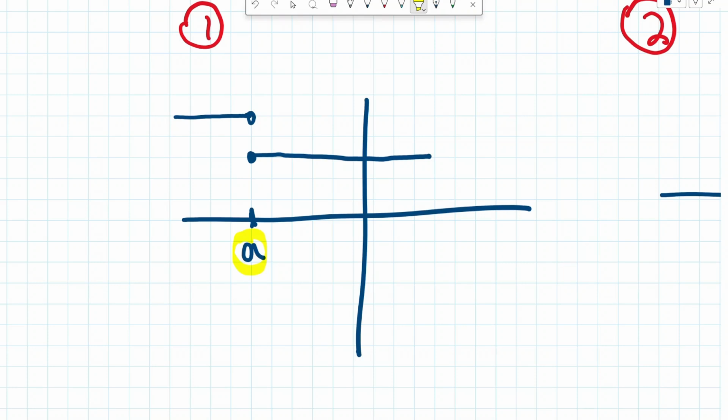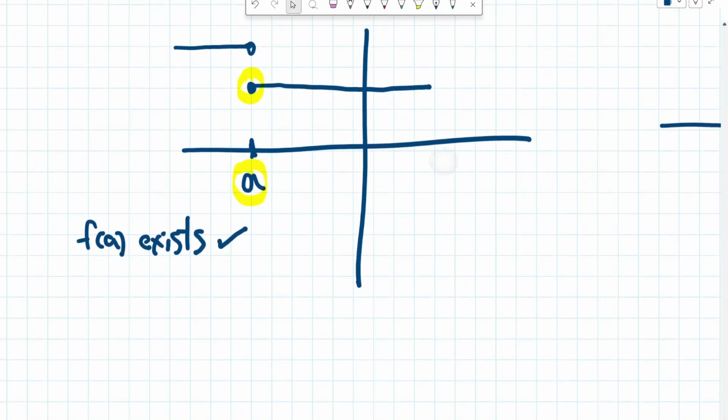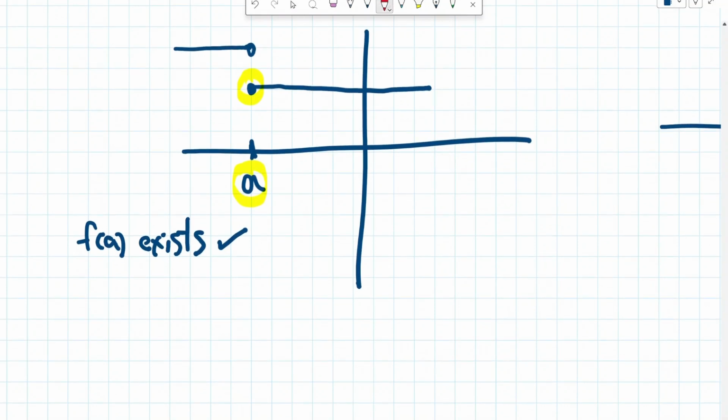First of all, does our function exist at a? Well, we can see right over here that we have a solid point. Yes, f of a exists. Okay, let's jump to our second criteria. Does the limit exist? Well, we can see that as we approach a from the right-hand side and from the left-hand side, we're going to have different values.